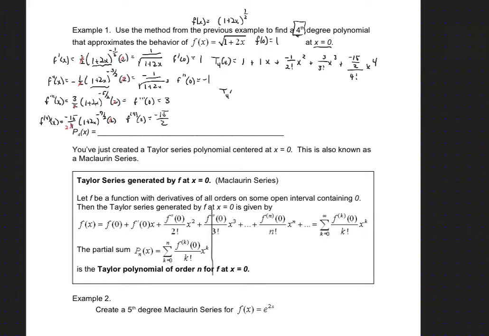So we can do a little bit of cleanup here. That's going to be 1 plus x. 2 factorial is 2, so we can write that as negative 1/2 x squared, or x squared over 2, either way. Now remember, 3 factorial is 3 times 2 times 1, so we can cancel those. And so that's going to be a plus 1/2 x to the third.